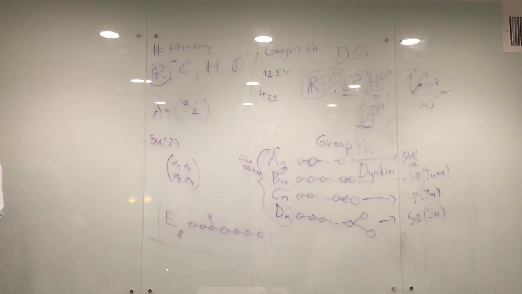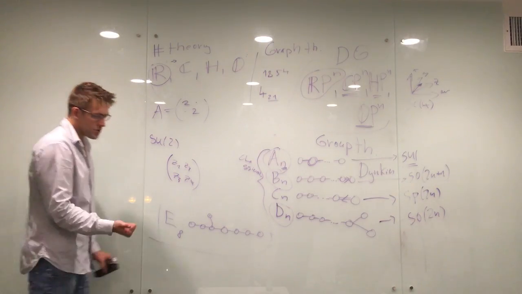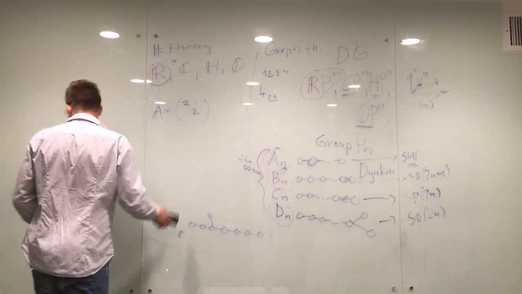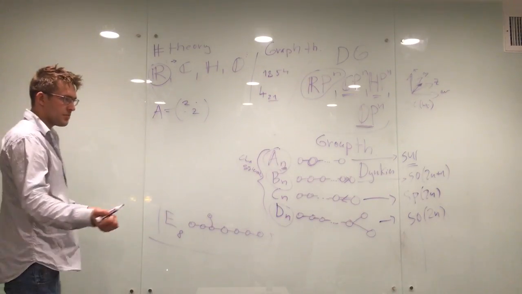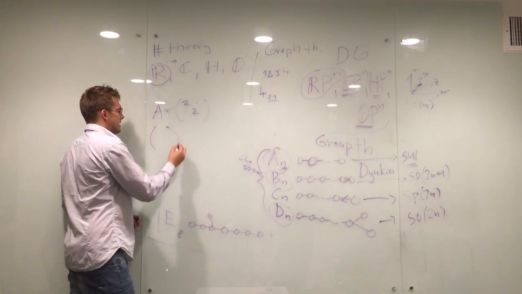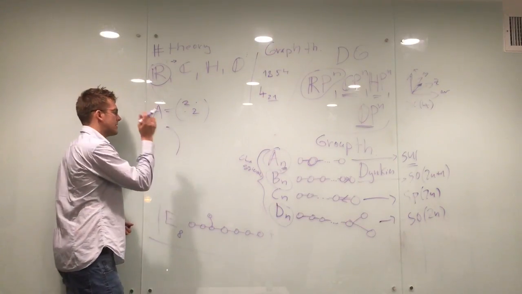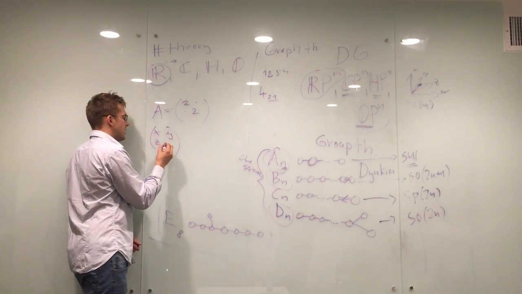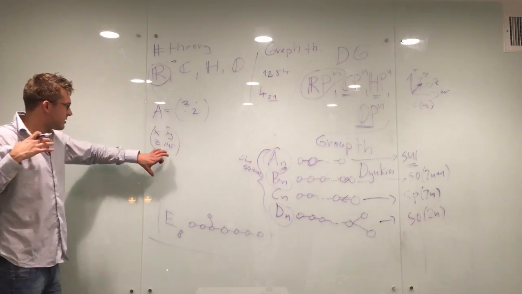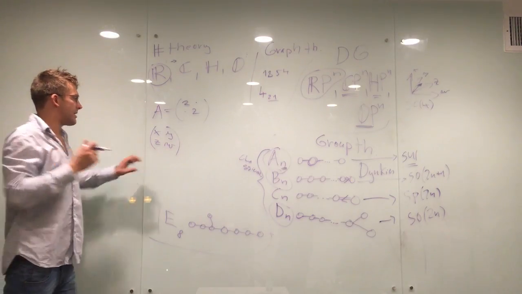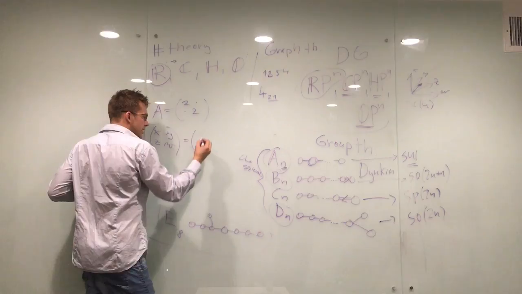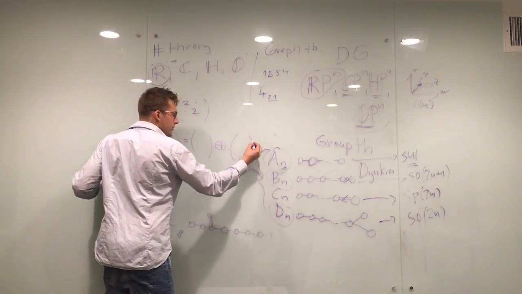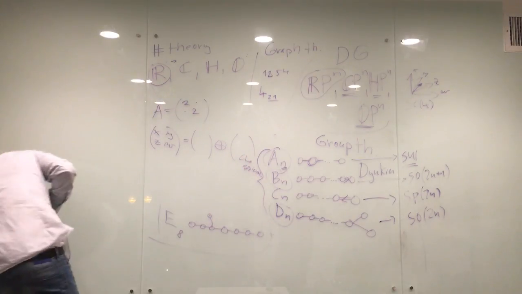Now a representation can be reducible or irreducible. So very intuitively, let's say I have a matrix X, Y, Z, W. If this is a reducible representation, I can write it as a direct sum, denoted like this, of some smaller representations.